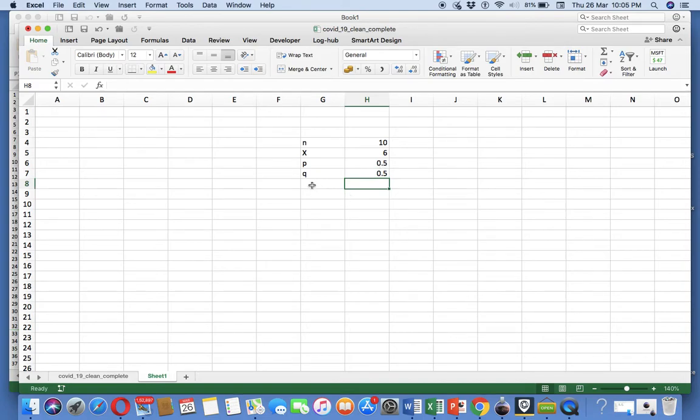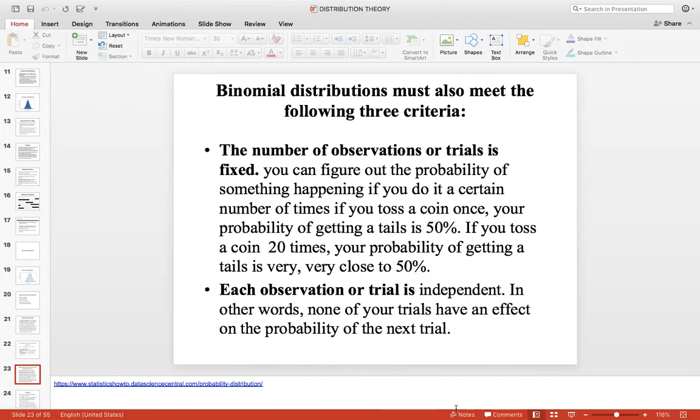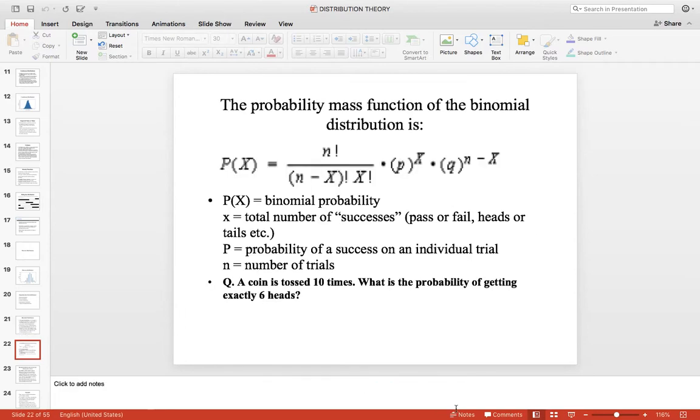Now we can find the probability of X equal to 6. How do I do it? We'll go back and revisit the formula: n factorial, so it's 10 factorial.